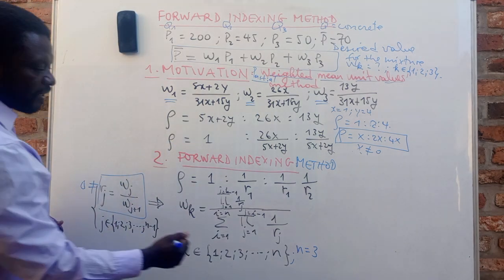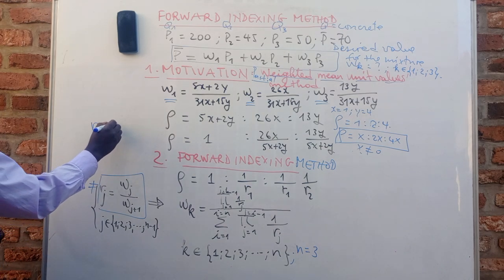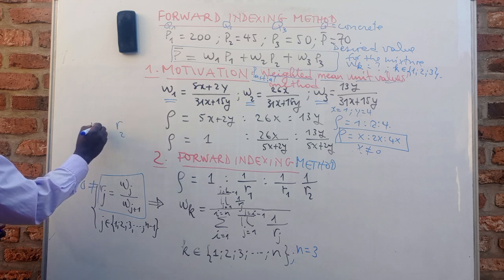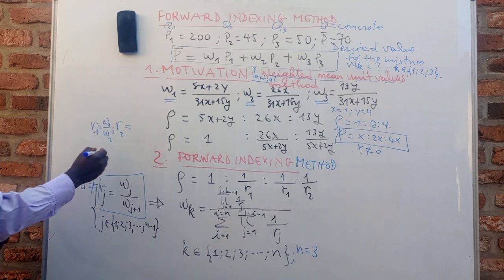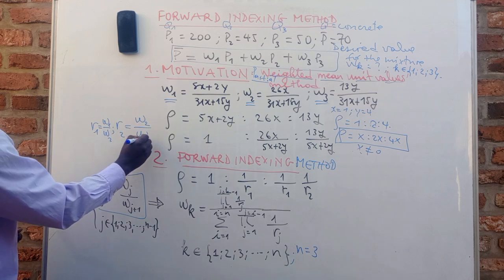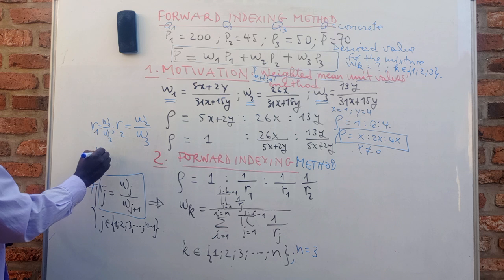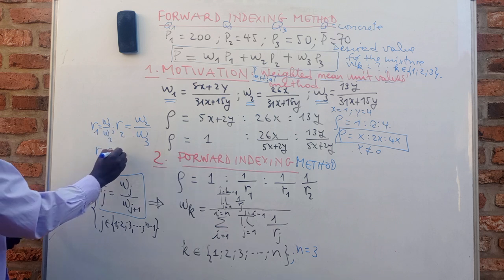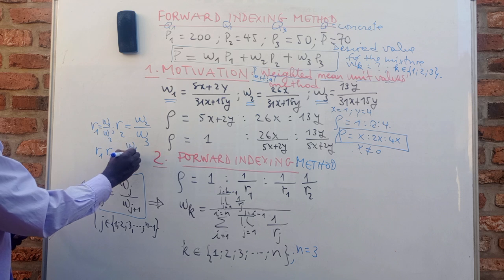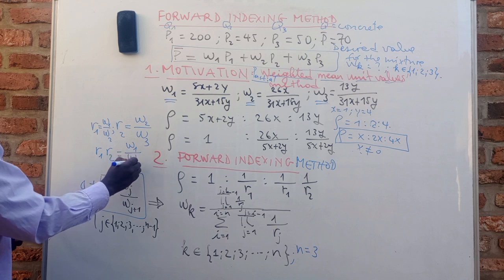We have two ratios for n equal to 3: R sub 1 and R sub 2. Here, R sub 1 is equal to the first weight divided by the second weight, and the second ratio R sub 2 is the second weight over the third weight. If we take the product of the ratios, we find the first weight divided by the third weight.